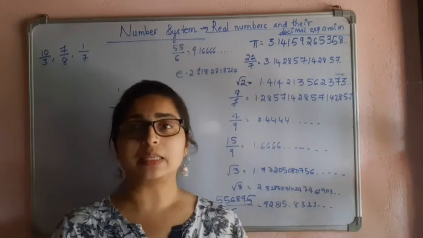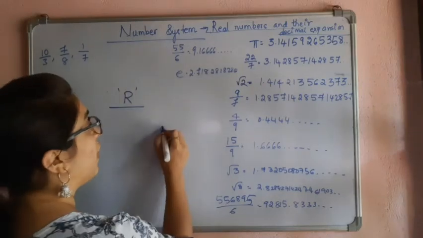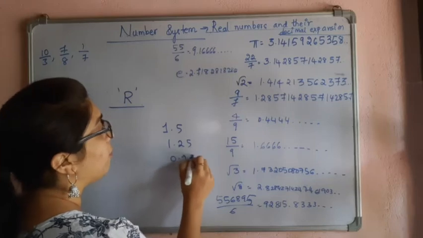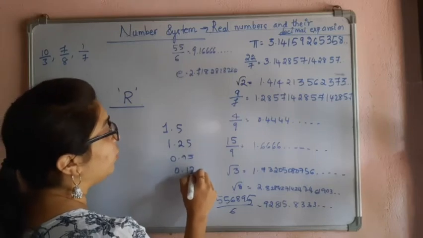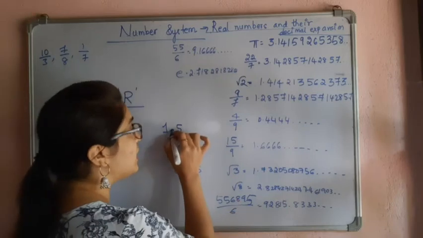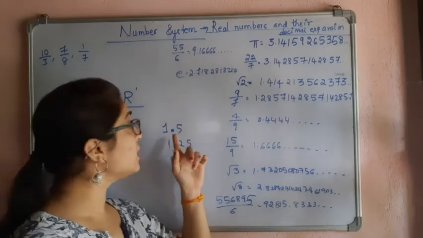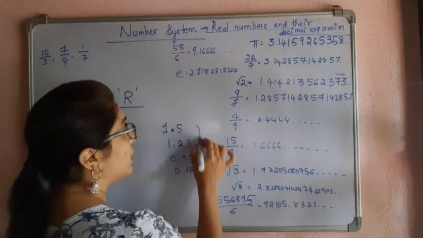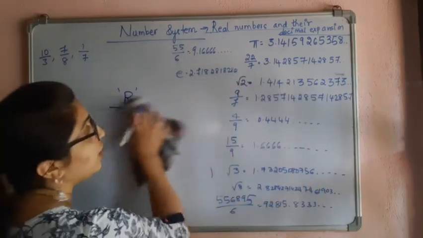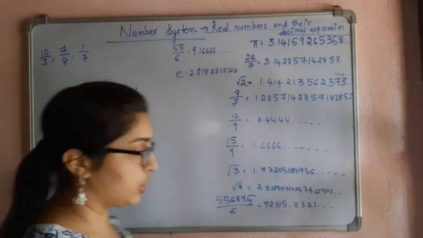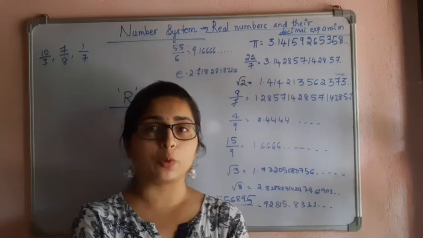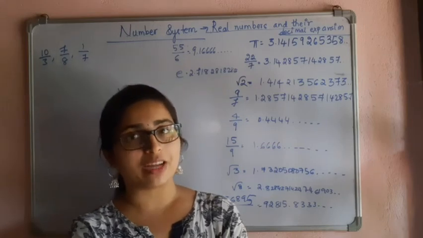So what is this decimal expansion? 1.5, 1.25, 0.75, 0.125, all these are decimal numbers. This is a decimal point. These are decimal numbers, and this is a decimal expansion. Now let us see how we can distinguish between the rational and the irrational numbers.